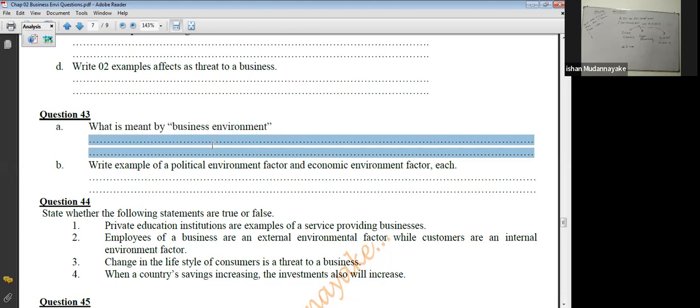An environment in which factors affecting a business are activated. The meaning of business environment: the environment in which factors affecting a business are activated.